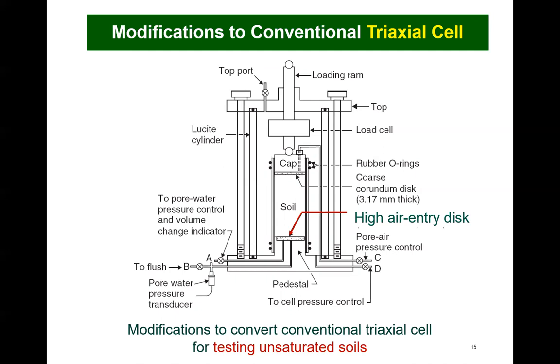A coarse but low air entry value disc can be placed on the top of the soil specimen, thereby allowing for the control of the pore air pressure. It is the elevated pore air pressure that allows the pore-water pressures to remain positive, thereby preventing cavitation of the water in the chamber below the high air entry disc.